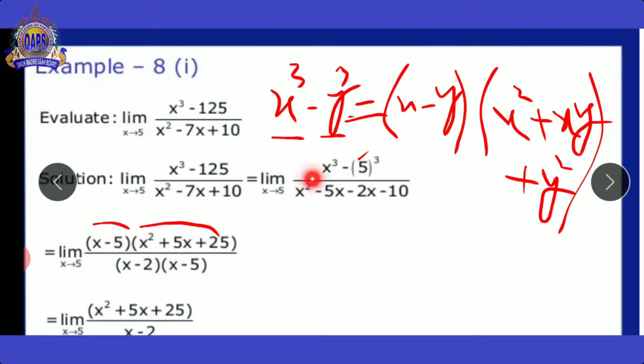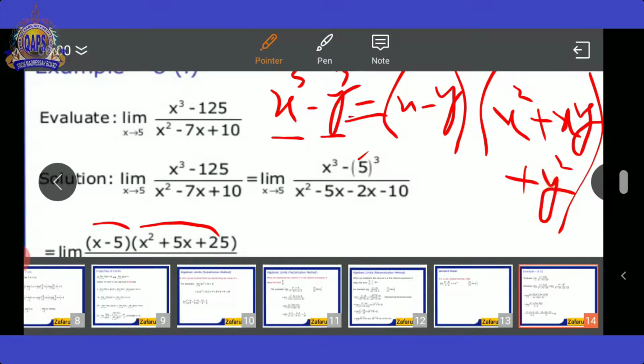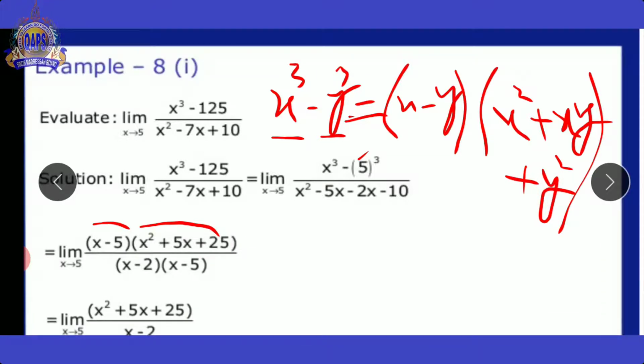In the place of x we put x, in the place of y we put 5. x square will remain the same, x into y is 5x, then plus y square. When we put 5 in the place of y, 5 whole square is equal to 25.